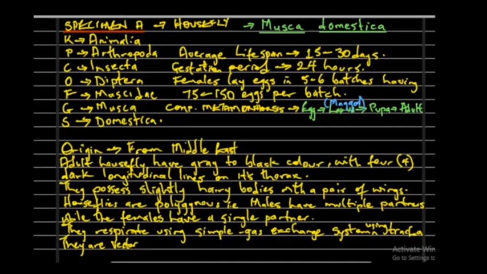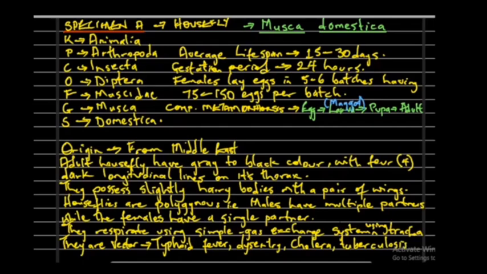So these are some of the diseases that this particular organism can carry: typhoid fever, dysentery, cholera, tuberculosis, leprosy, anthrax. All of these are examples of diseases carried by this organism.